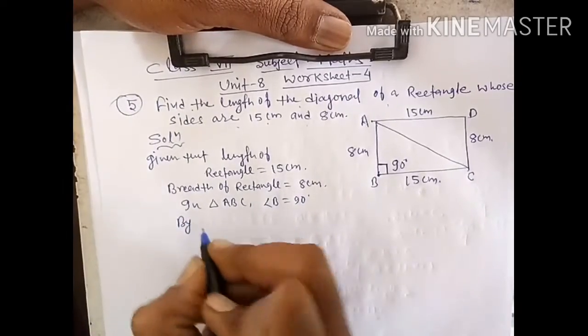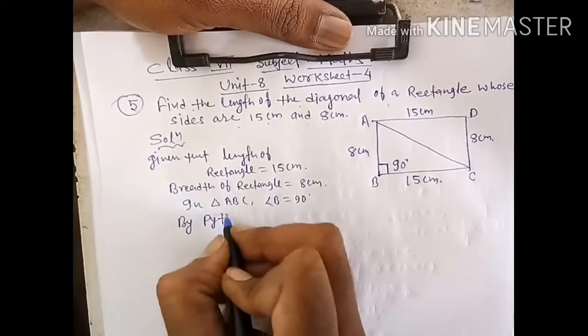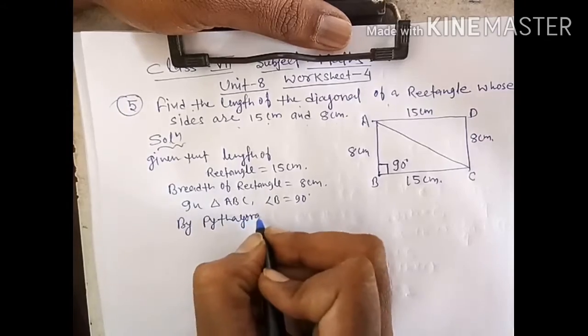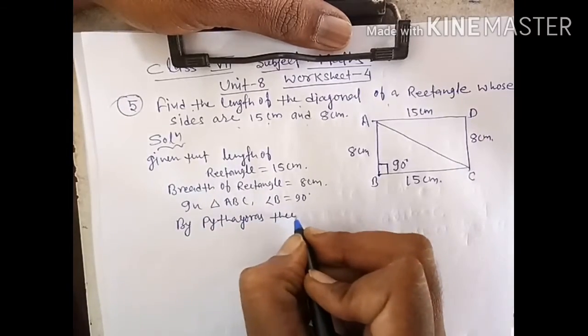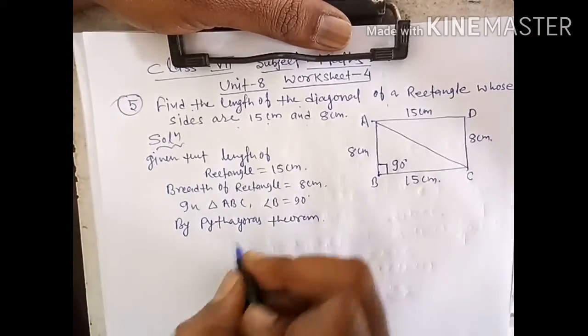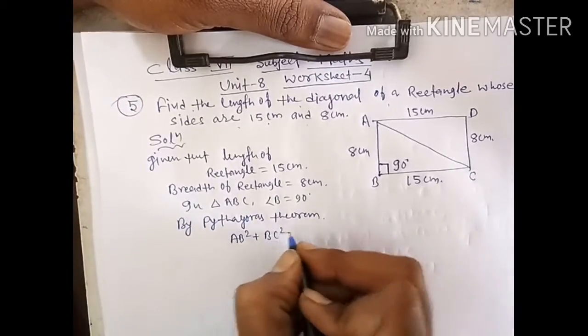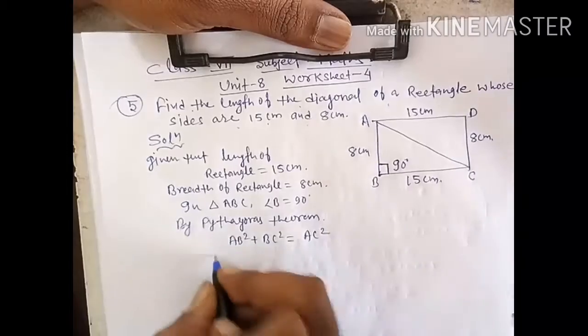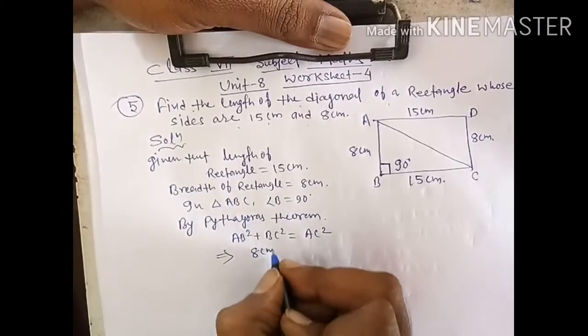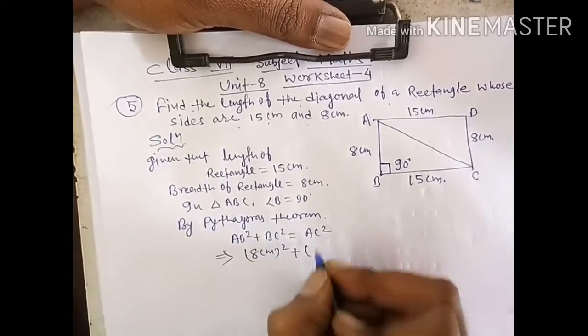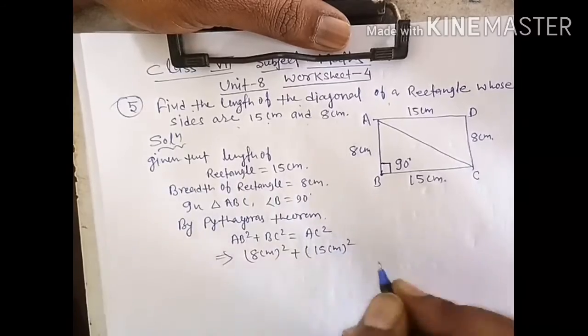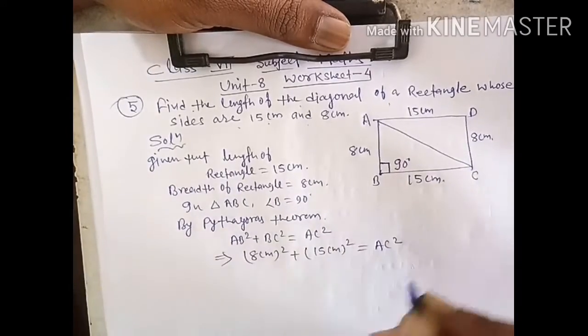So by Pythagoras theorem, AB square plus BC square is equal to AC square. Here AB is 8 cm, BC is 15 cm and AC is not given.